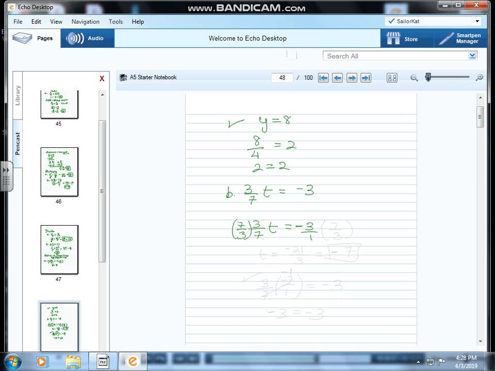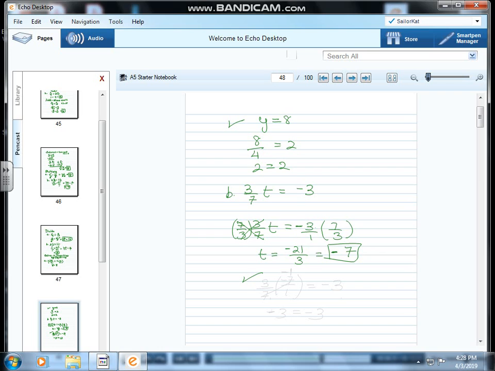And you have to do the same to the other side of the equation. These go away. T is equal to -21 over 3, which is equal to -7. Remember that your negative times a positive is a negative.